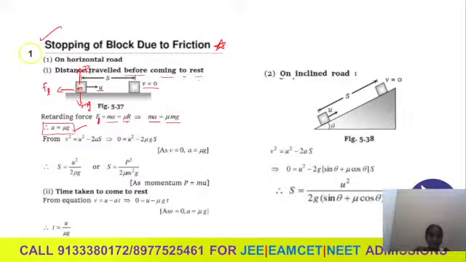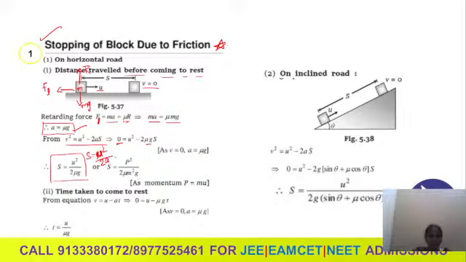Now we use the kinematic equation v square equal to u square minus 2as. Final velocity 0, a is mu g, then s will be equal to u square by 2 mu g, or you can write s is equal to u square by 2a, where a is equal to mu g.